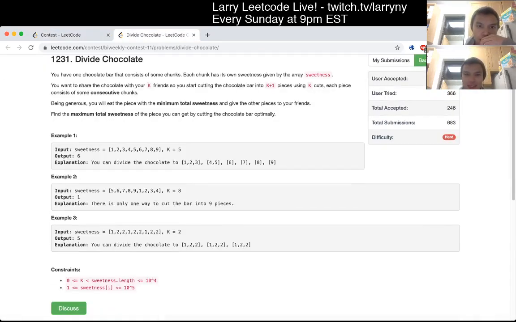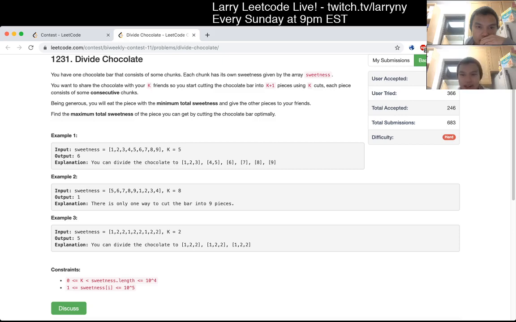Okay, divide chocolate. Oh yeah, this one reminds me of that classic bookshelf problem, I think it's called, where you have a bookshelf. Sometimes it's the height, or sometimes it's the width, but you have to minimize the maximal height, or something like that.